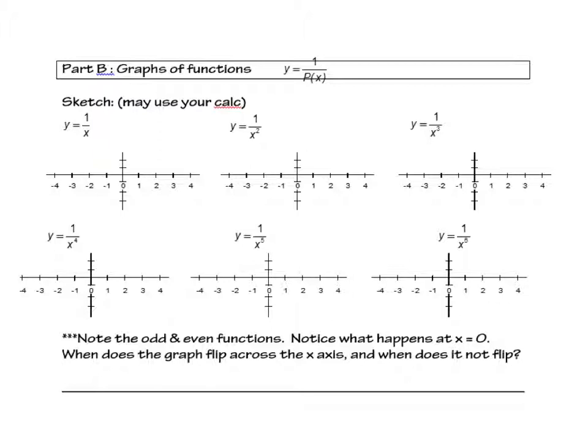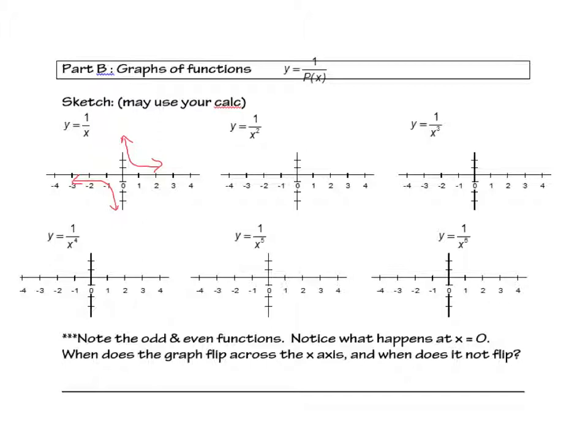So we still start with our parent graph, and we look at just this 1 over x graph, and that is the one that just looks like this. Now what happens if instead of 1 over x, it's 1 over x squared? Well, I'm still going to have those same two asymptotes, but if you square something, it's going to make everything positive.